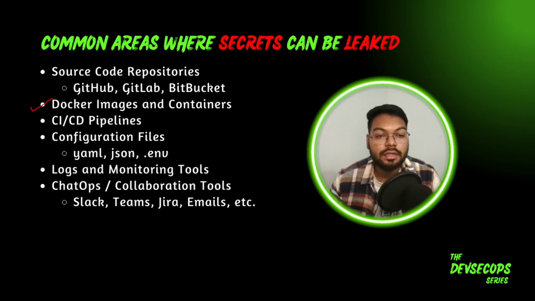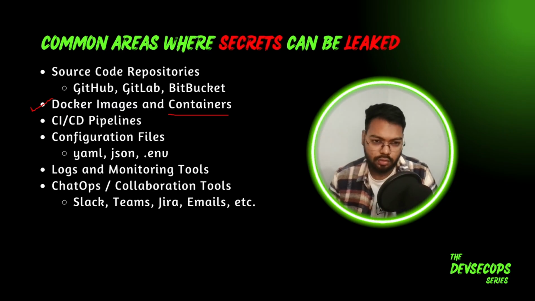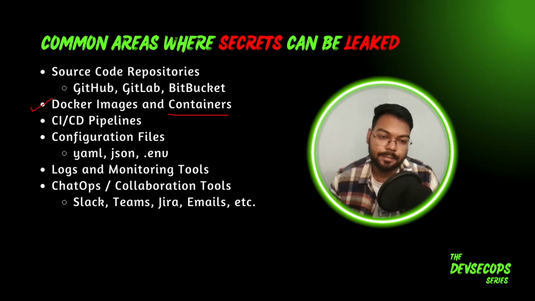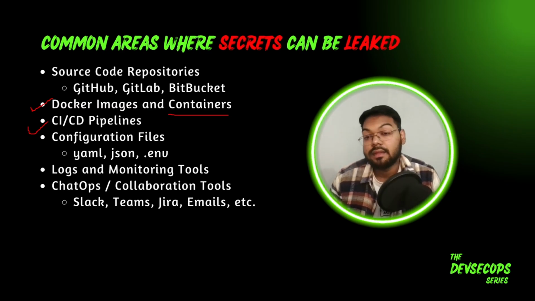Then Docker images and containers: whenever you build or write any Dockerfiles, people could mistakenly add secrets in them. Then CI/CD pipelines: we usually trigger these, and CI/CD pipelines require explicit access to different registries or cloud environments.